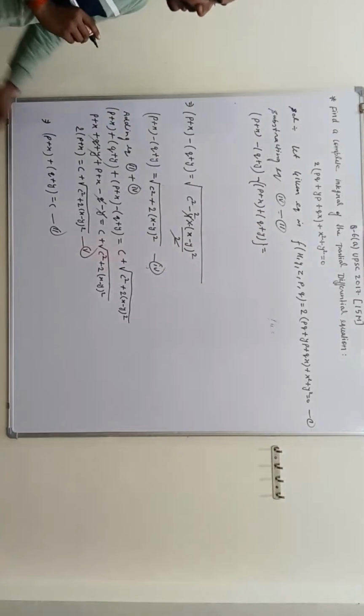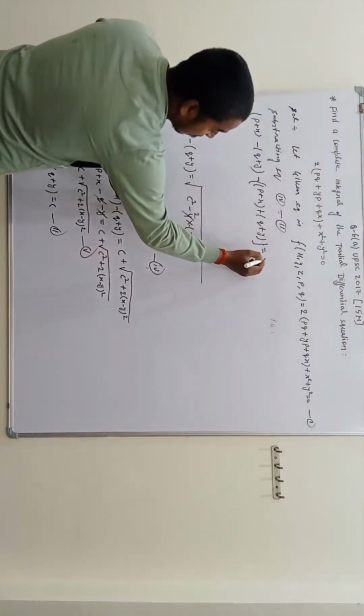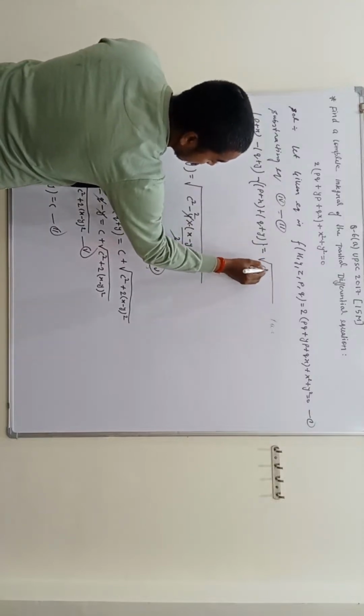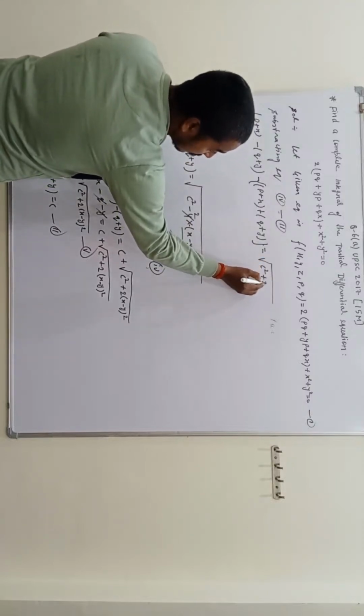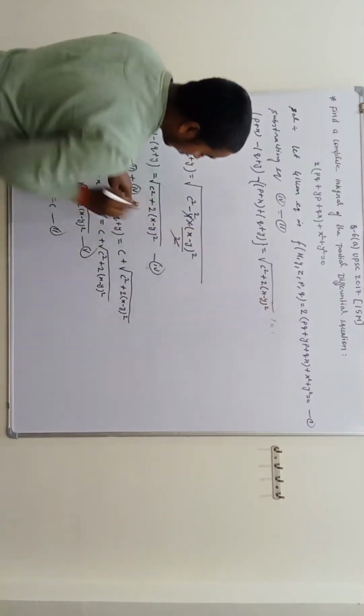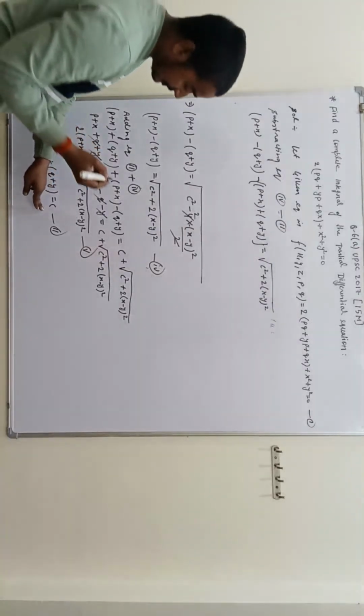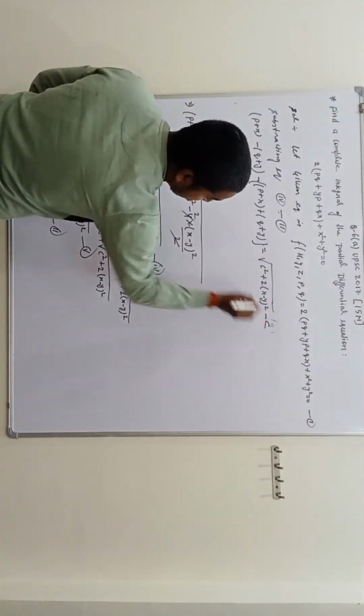And the right hand side of equation 4 is under root of c square plus 2x minus y whole square, and the right hand side of equation second is c, that is minus of c.